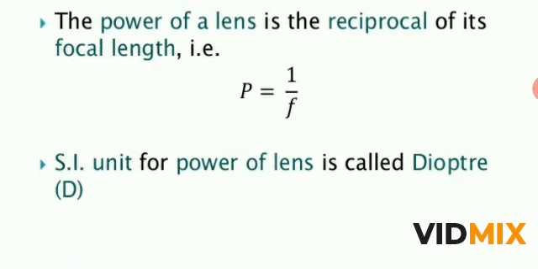Also important, thicker the lens, more the power, and thinner the lens, less the power. If you see the lens and it is thick, it is more powerful, and if it is thin, it has less power.